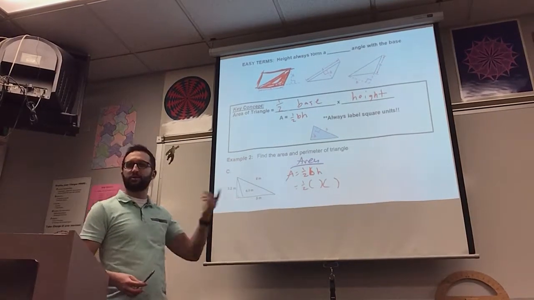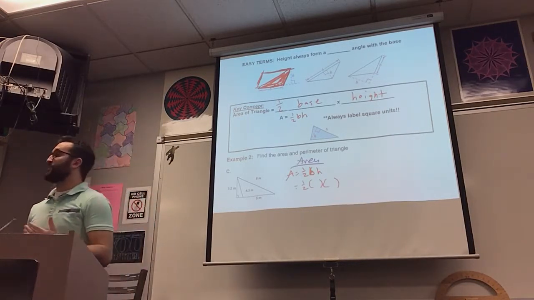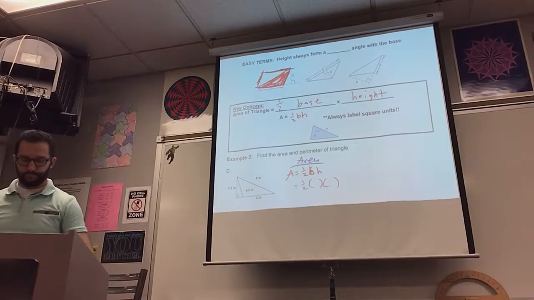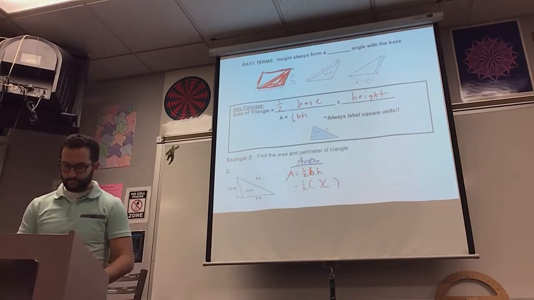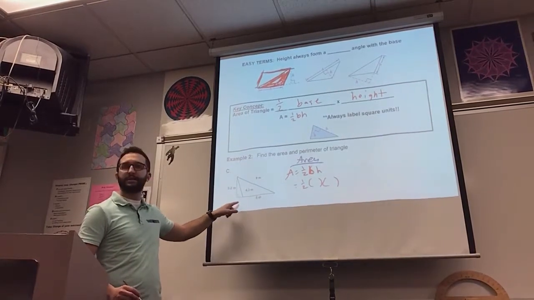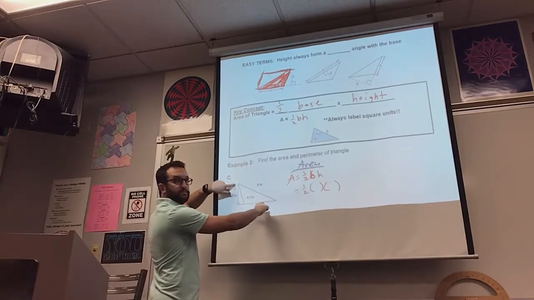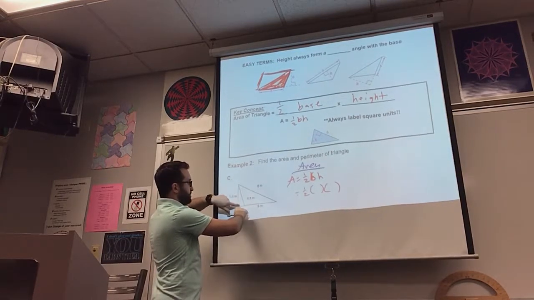So there's 4 measurements here. Only one of them can be the base, only one of them can be the height. So we have to look for that right angle. Do you see it? Yes, sir. Okay. So there's that right angle, which means the height should be perpendicular to the base, which means that those have to be the height and base. Right? These two.